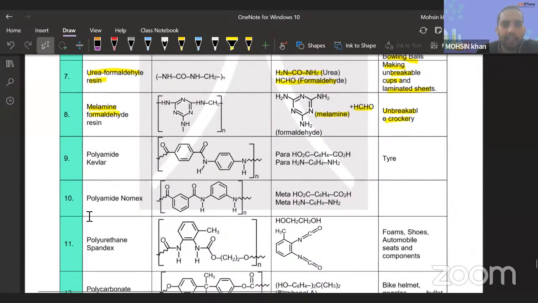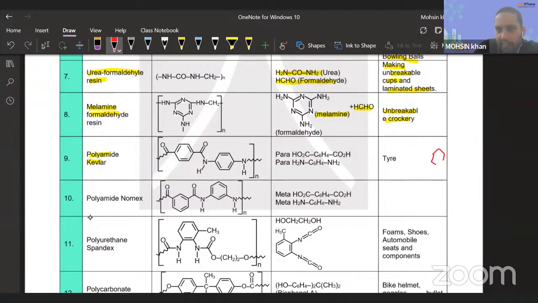Now, the next one is Kevlar, a polyamide. The monomers we have taken here are para-dibenzoic acid, that is terephthalic acid, and para-diaminobenzene. So the structure can be drawn like this.